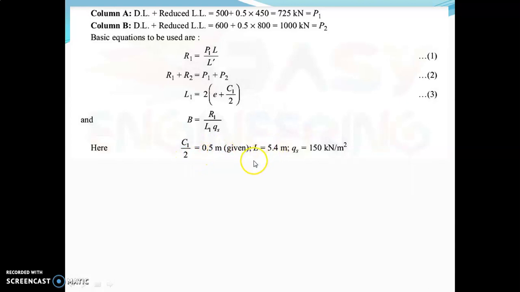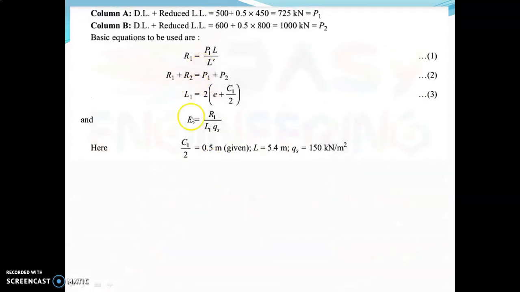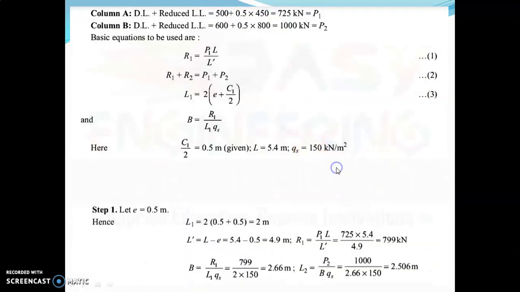Now L is equal to 5.4 meter, the distance of center to center of the column, that is also given. QS is equal to 150. Now we are calculating for 150, so QS is equal to 150.